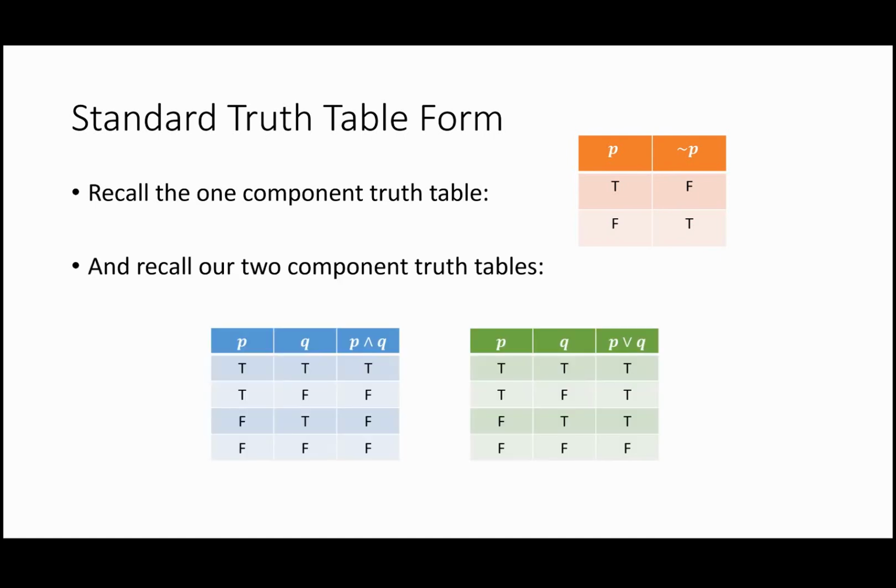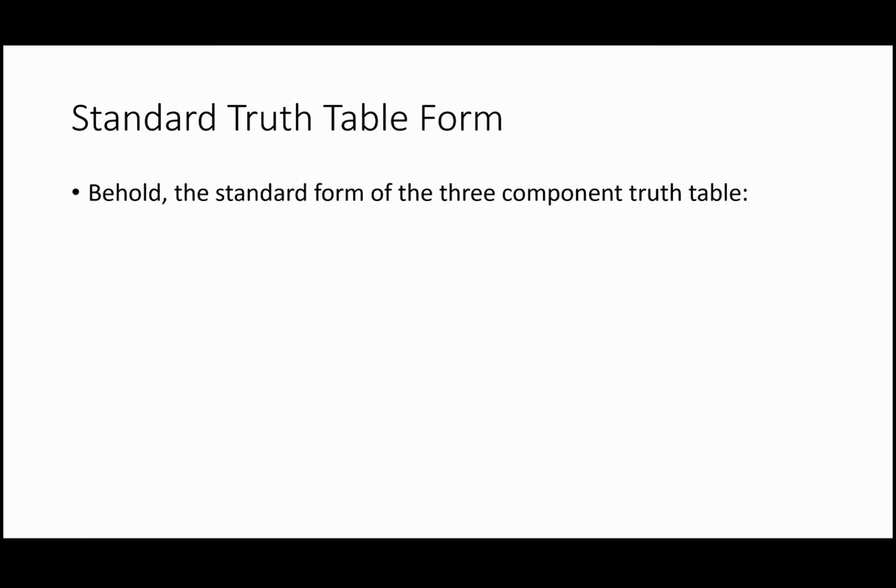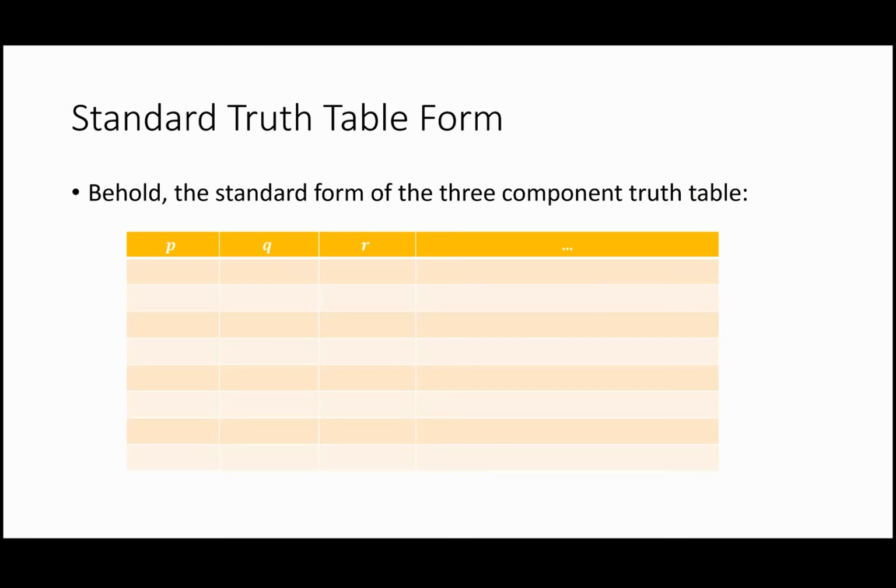Now, if you have 2 components, P and Q, like we had for our conjunction and disjunction tables that we introduced in the previous lecture video, please note that we have 4 different possible truth value combinations for the 2 components. Now, what does it look like when you have 3 components, right?